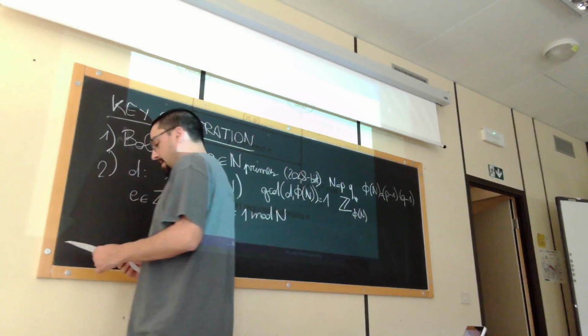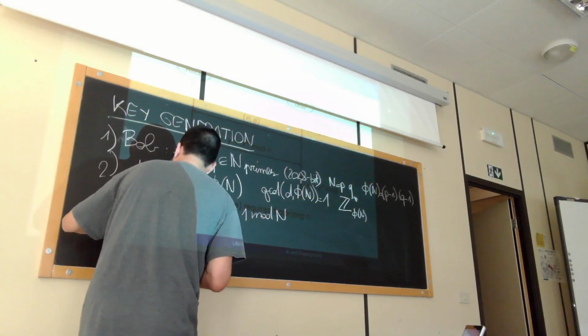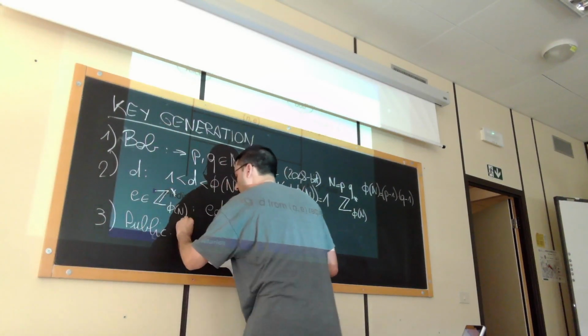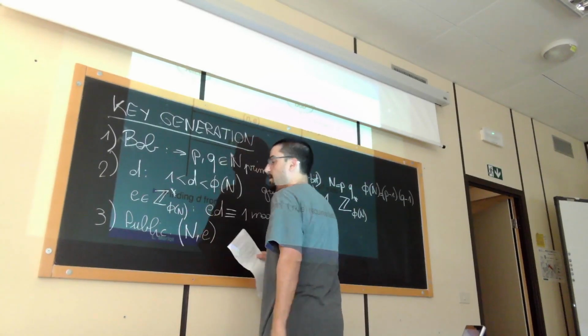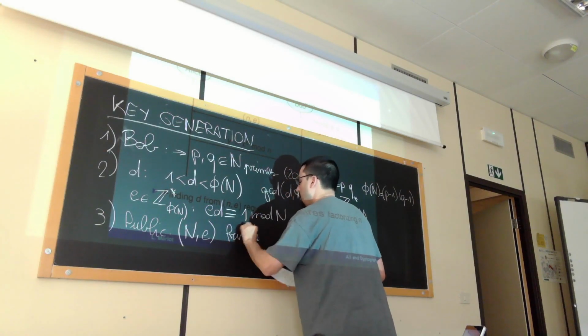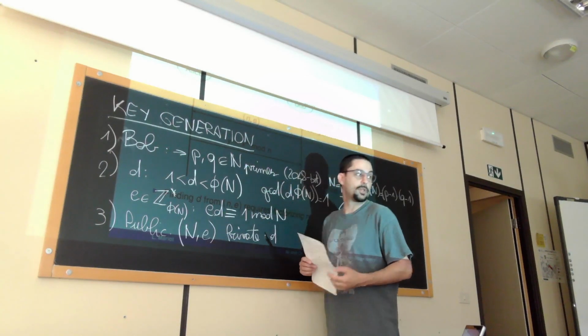Now the public key for Bob will be the public pair: RSA modulus n and the encryption exponent E. The private key that he keeps for himself will be the private decryption exponent D.